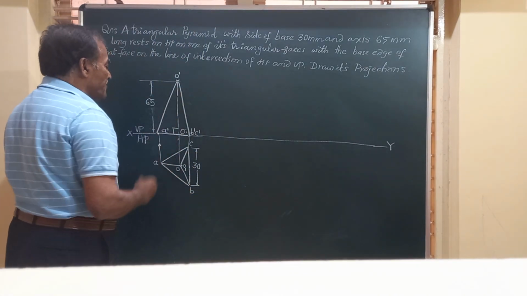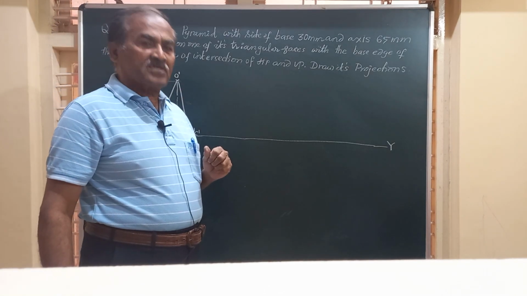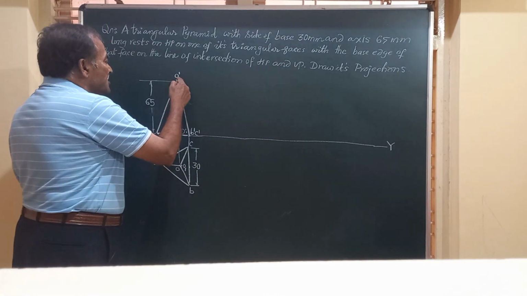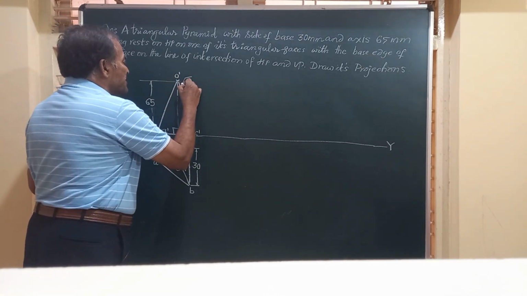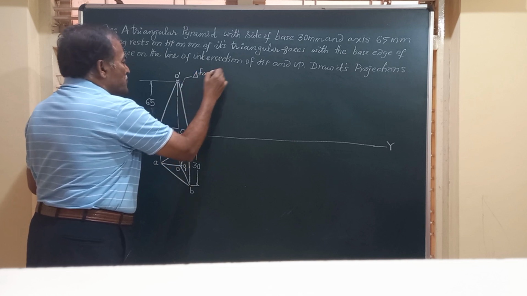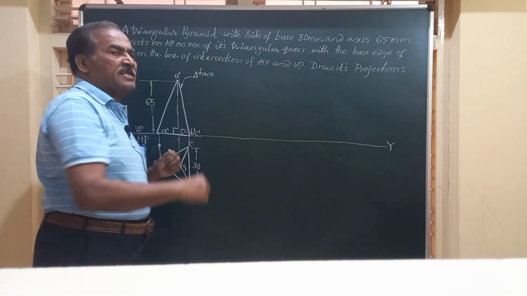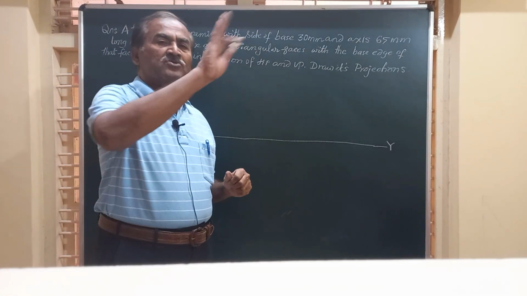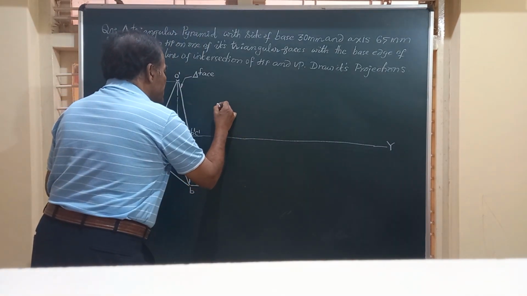Friends, if you see the front view, O dash A dash is one of the slant edges, whereas the line O dash B dash C dash represents a triangular face which is isosceles in nature. Now this triangular face is making an angle with HP, but it has to lie on HP on this O dash B dash C dash.